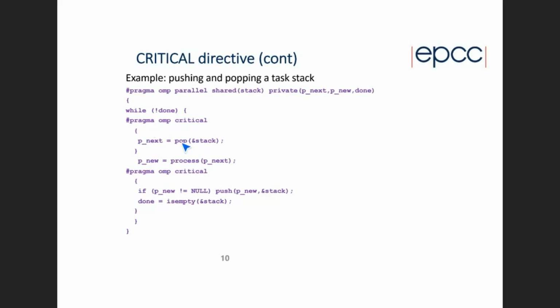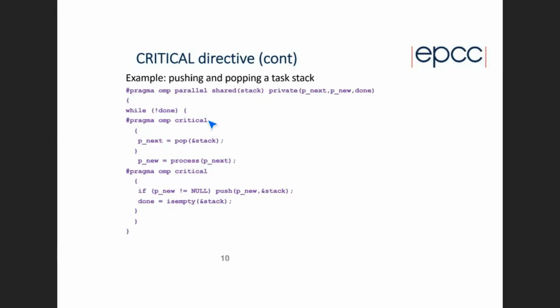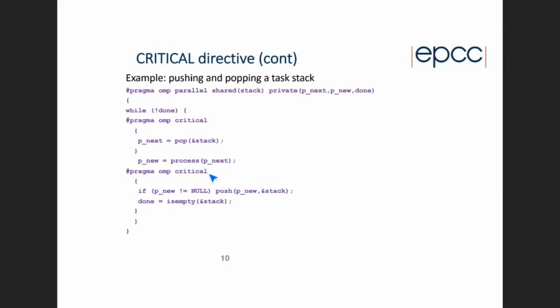If I put a critical around the pop and a critical around the push and the is empty, then that protects correctly. For example, if one thread enters the first critical region and is executing the pop function, and in the meantime another thread arrives at the second critical region, it will block there. Although there may be no other thread in the second critical region, there is a thread executing the first critical region, and that prevents another thread from entering both the first critical region and the second one.